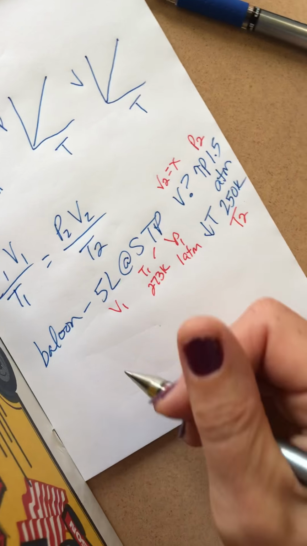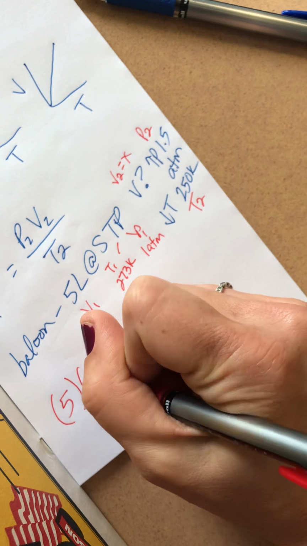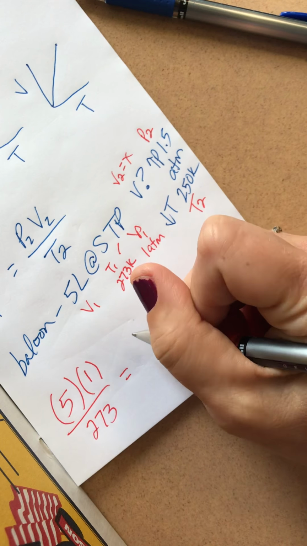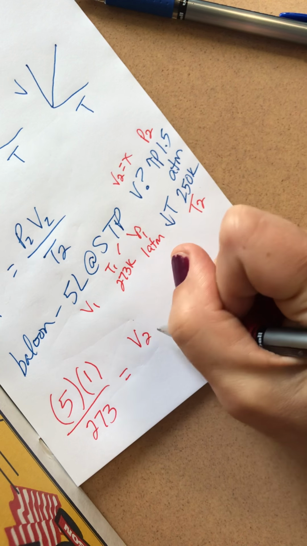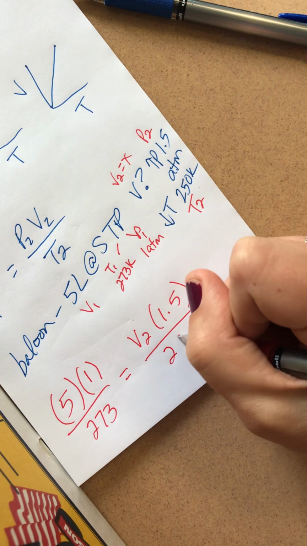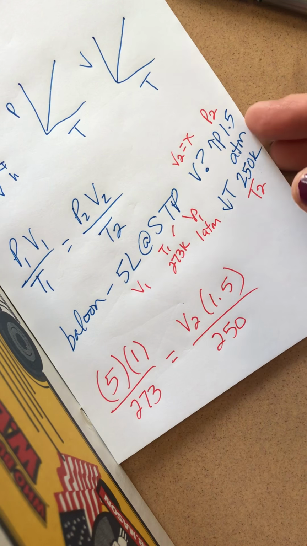So then what I do is I plug in all of these values. 5 times 1 over 273 is equal to V2 times 1.5 over 250. Okay, that would be my correct numerical setup.